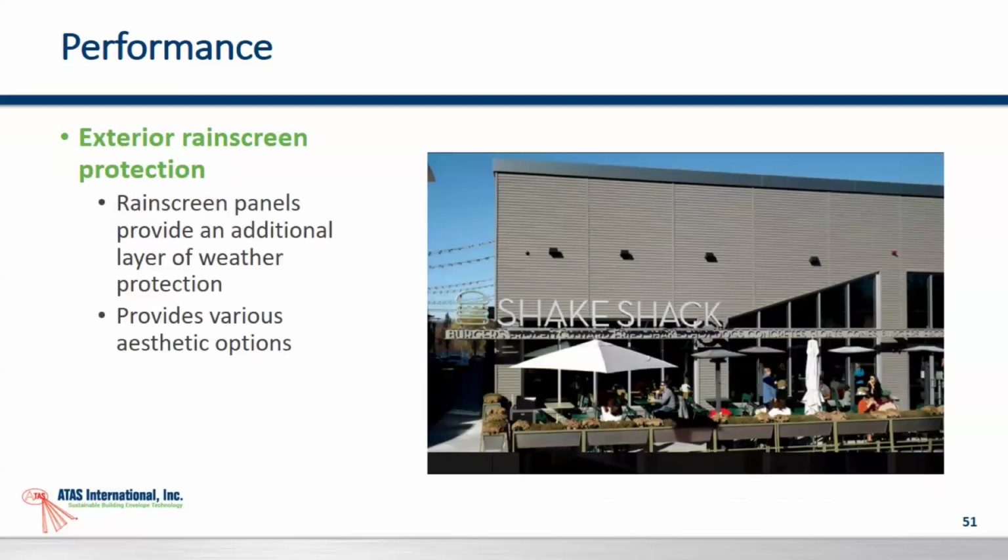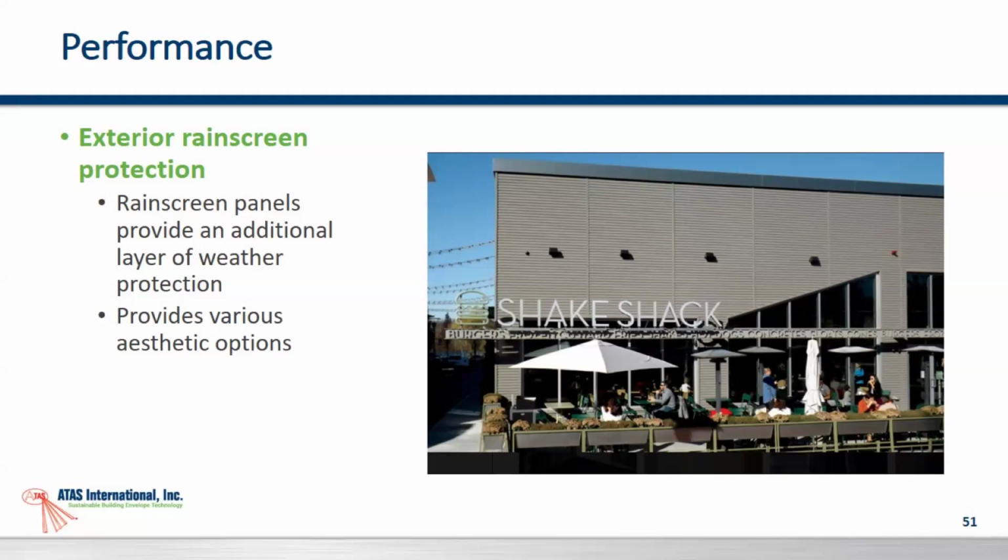And then last but not least, that exterior facade that we talked about, the exterior rainscreen portion of the system, really driving the aesthetic performance. That's what that really highlights. But also, because those exterior metal panels or terracotta or other systems provide an additional level of prevention of water from even touching the insulated metal panel.